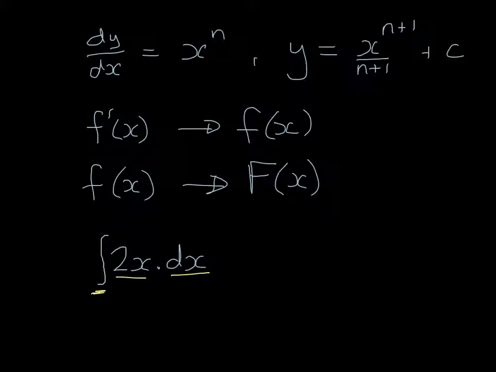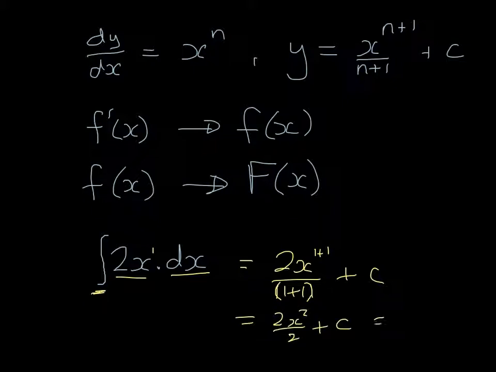And this would be equal to, in this case, if you remember, we've got 2x, and this is x to the power of 1, so I go x to the power of 1 plus 1, divide that by 1 plus 1, there should be brackets down the bottom there, plus c, which would equal 2x squared over 2 plus c, which is equal to, the 2s will cancel down, x squared plus c. Now we'll go through a few more examples for you.